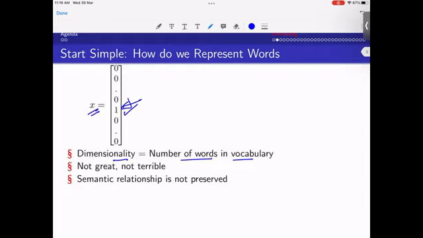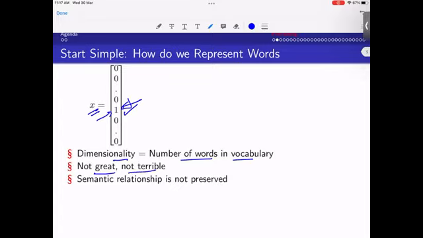So you fix your vocabulary, say 10,000 words, and fix the positions of different words. Now in your sentence, you see this word comes in, say, the 5,012th position, so you will have 1 in that position and 0 everywhere else. That will be the representation of that word. It is not great, but does some good job, and it is not terrible either.